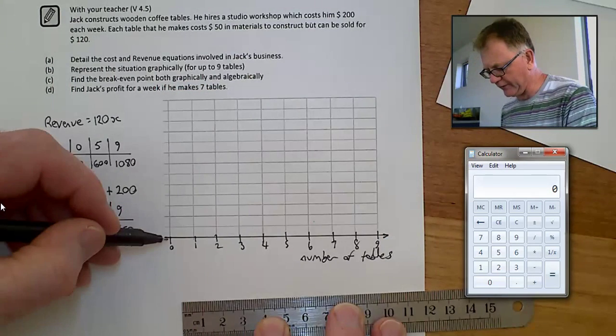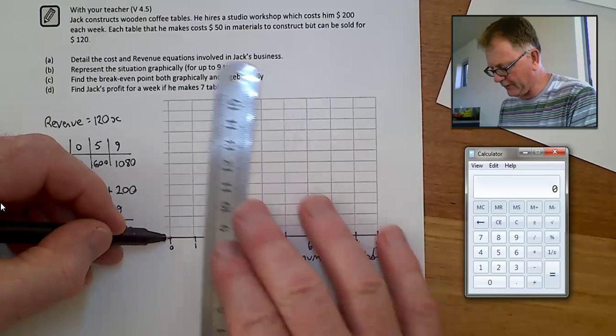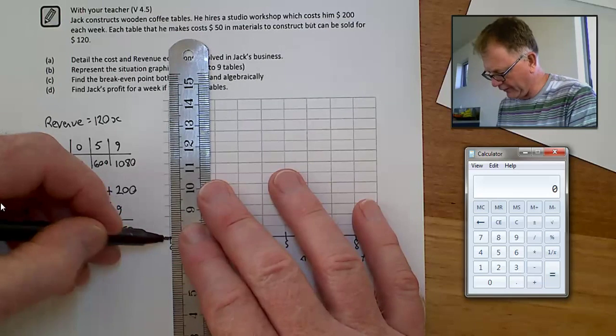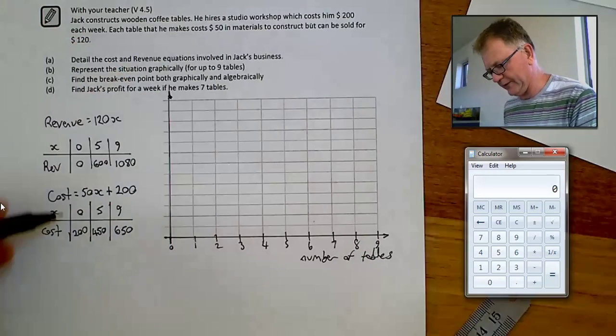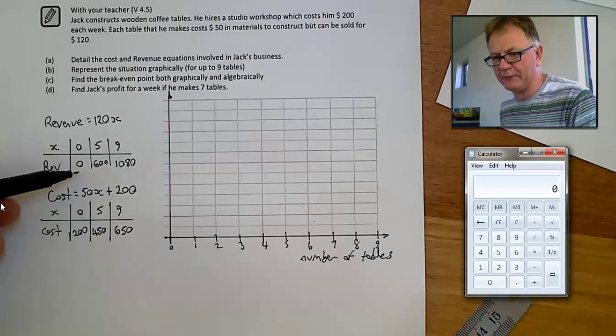And this axis, I'm going to put both the cost and the revenue. How far up will I have to go? Well, I'm going to look at my data tables that I've just done and find out the biggest number I have to put in there.